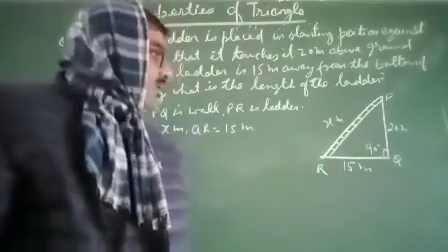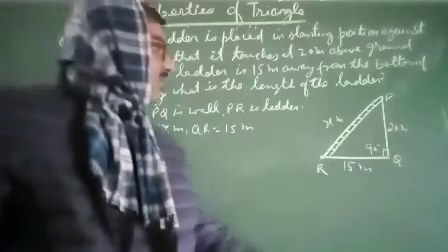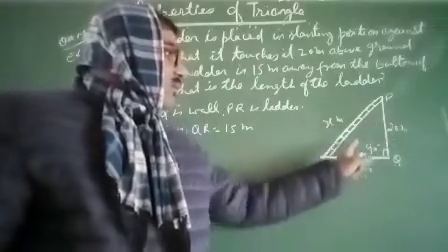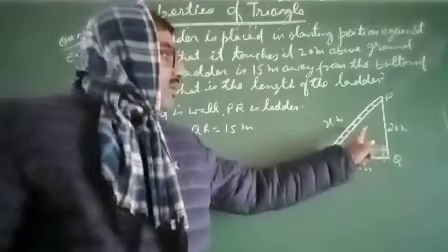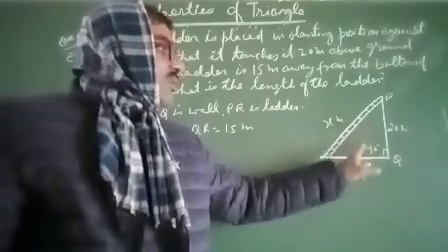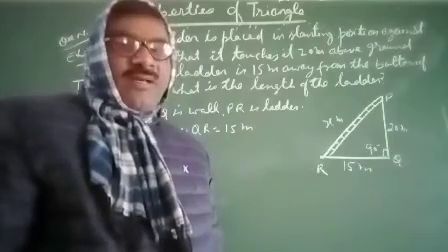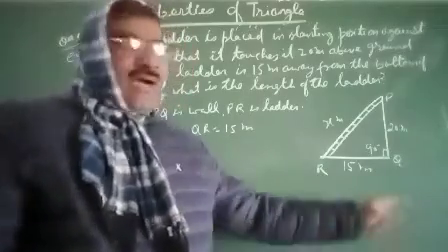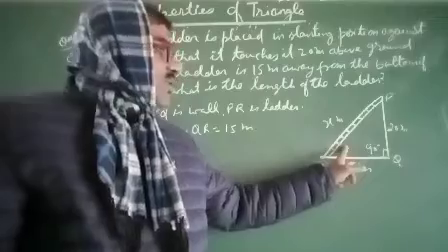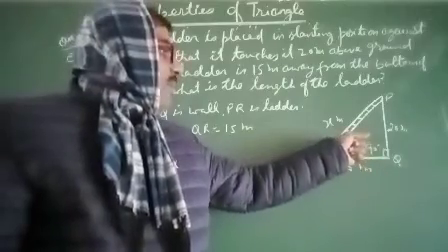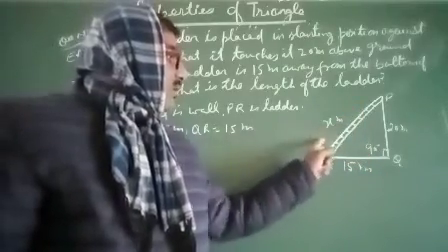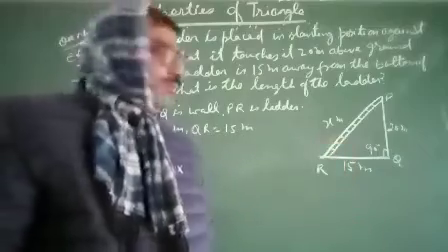So if you want to find out the length of the ladder, it is the hypotenuse of the right angle triangle. So I will apply Pythagoras theorem and I will find the hypotenuse. When I find the hypotenuse, that will be the length of the ladder.